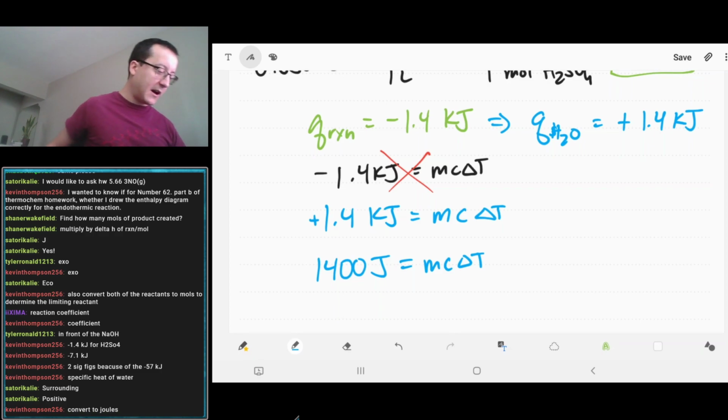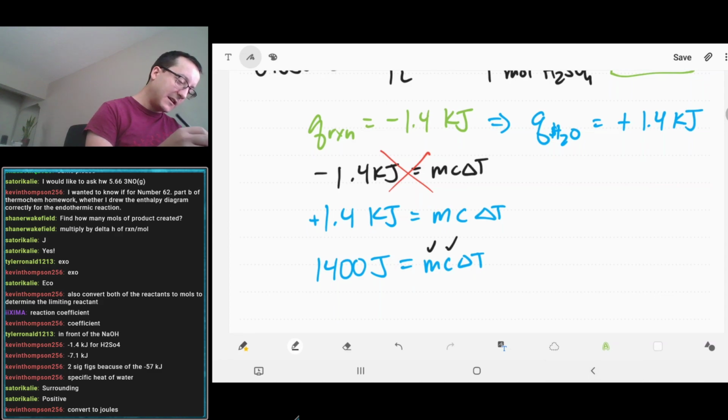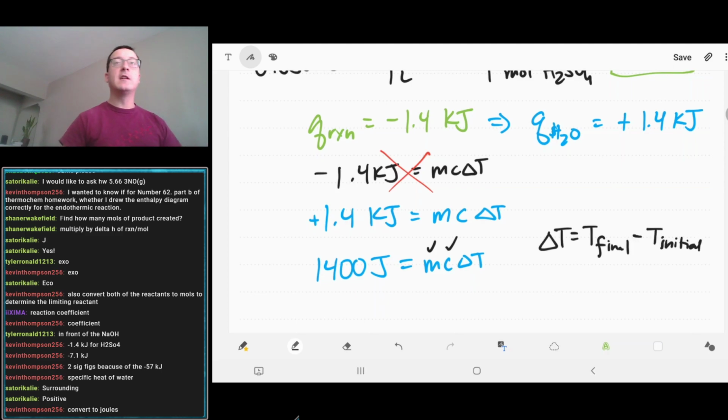Okay, so let's look at what we have here. We have a mass, we have a specific heat, and remembering that delta T is these two. We have a T initial, right?